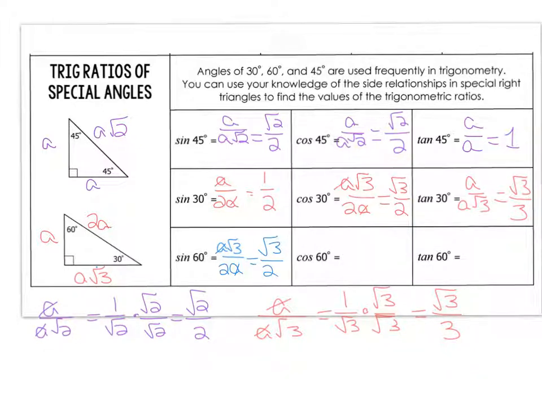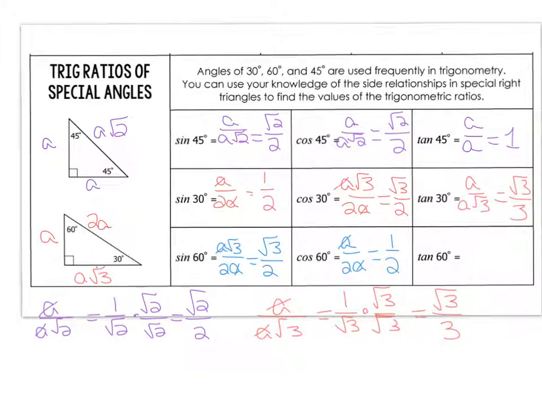The cosine of 60 degrees is the adjacent, the leg that touches the 60 degrees. That's A over the hypotenuse, 2A. Those cancel. I get 1/2. Notice the relationship here. That's important. The sine of 30 and the cosine of 60 are the same thing. The cosine of 30 and the sine of 60 are the same thing.